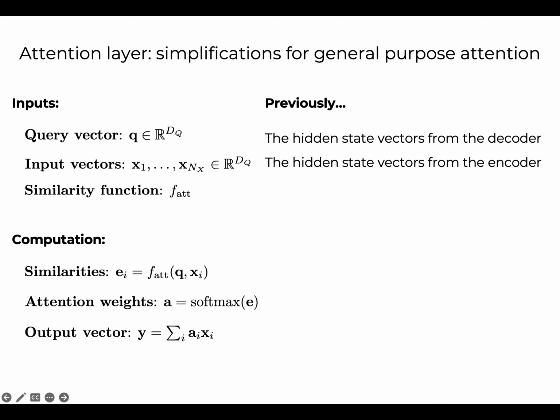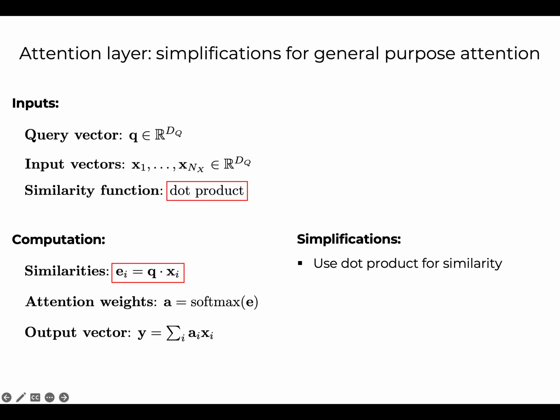So we're now going to make a number of simplifications to this general idea. The first is that we're going to replace the similarity function, which I previously said was learned with an MLP, with simply the dot product between the query vector and each of the input vectors. Dot products are really, really cheap to compute, and they prove to be sufficient for this purpose.